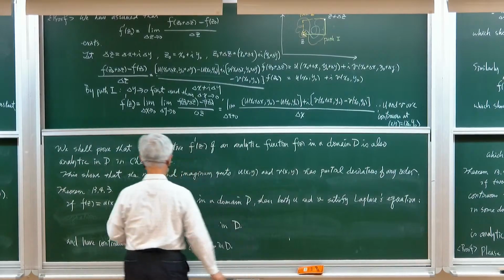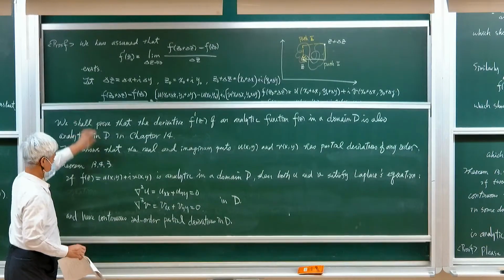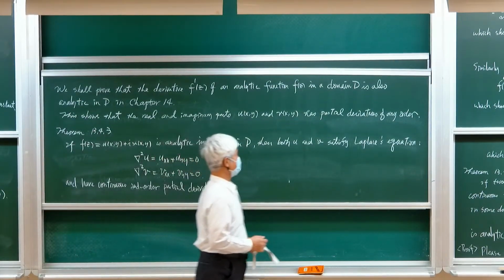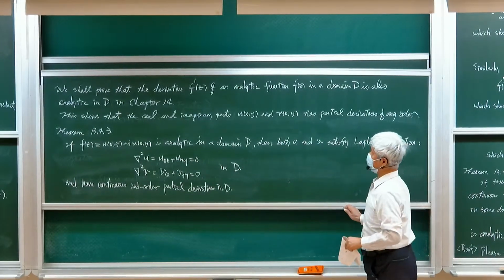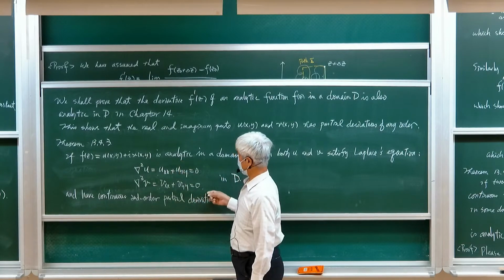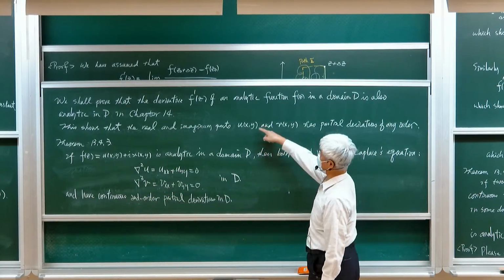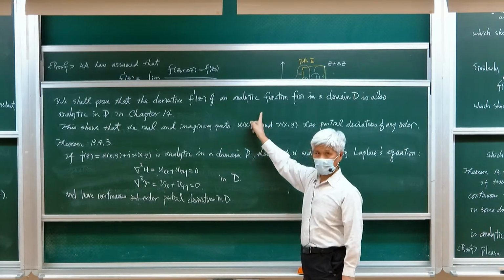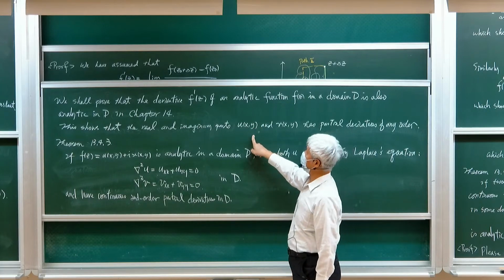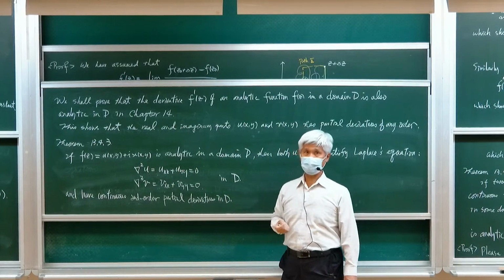The existence of continuous second order partial derivatives is because of the remark I stated here, that the derivative of any analytic function is also analytic.